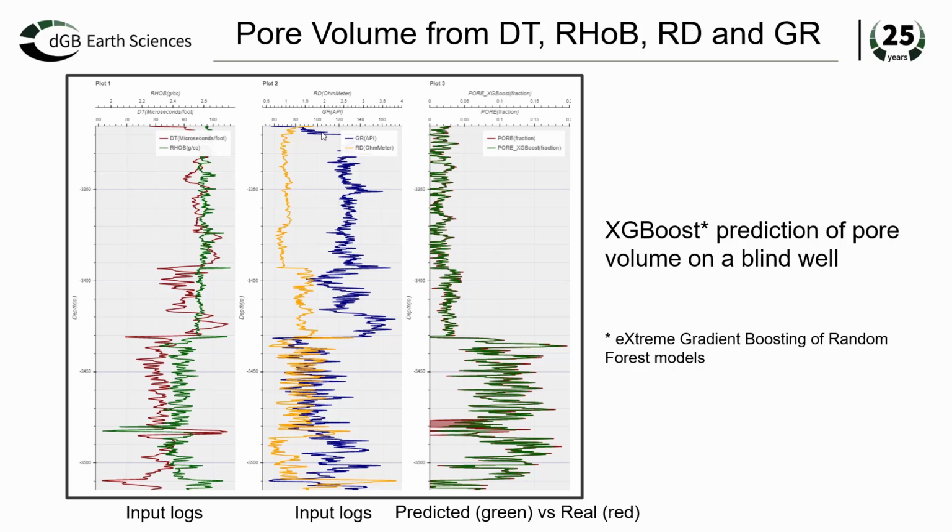We have a resistivity log and a gamma ray in the middle here. And then furthest to the right you see the red curve, which is the actual curve that was recorded versus our predicted green curve. This well here in plot 3 was used as a blind test, so that we can QC the results, and we will have a look at that in the demo here in just a little bit.